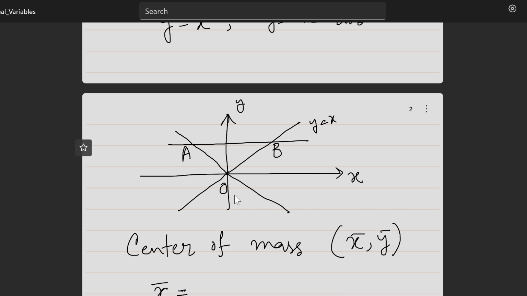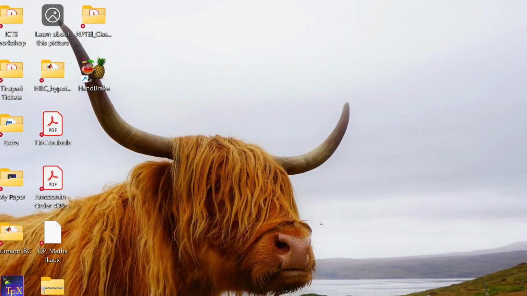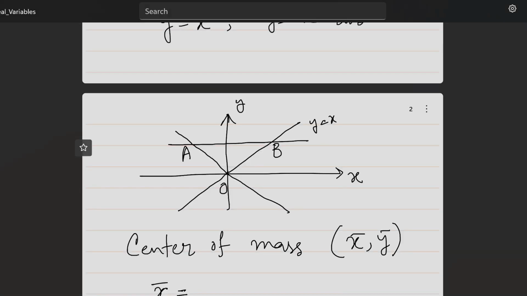Otherwise, I will calculate. Any idea or something? Center of mass should be distance into density, no? Distance into density. Summation of m i x i.